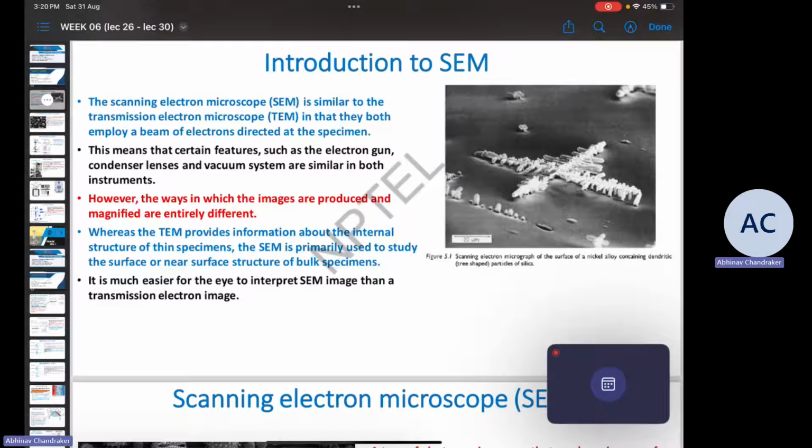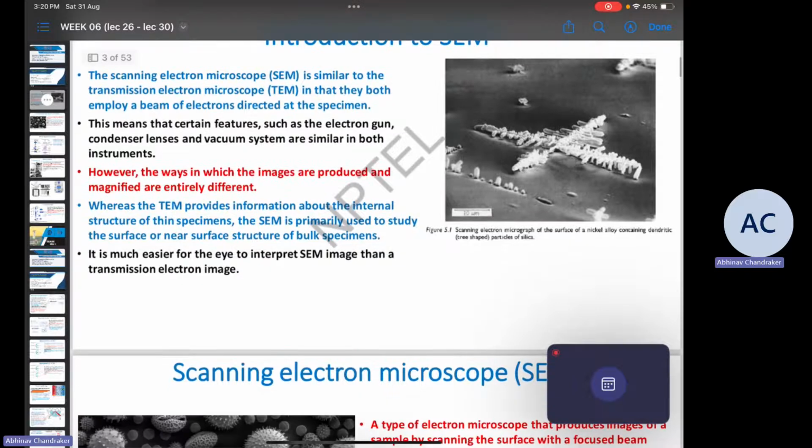So for example, you can have a resolution in angstroms or nanometers, while in case of SEM, it is around hundreds of nanometers and above. Actually, in SEM also you can get to tens of nanometers.